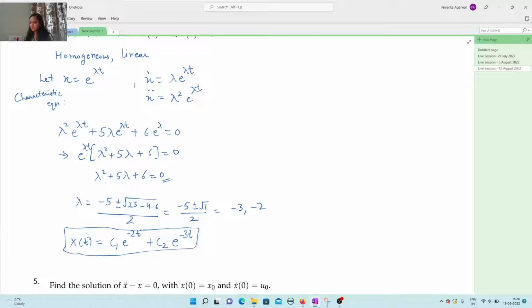C1 is x0 plus u0 over 2, so this will become x0 minus u0 over 2. So now we have got the values of C1 and C2, and if we substitute them in this general solution, we will get our final solution. Now let's do that.